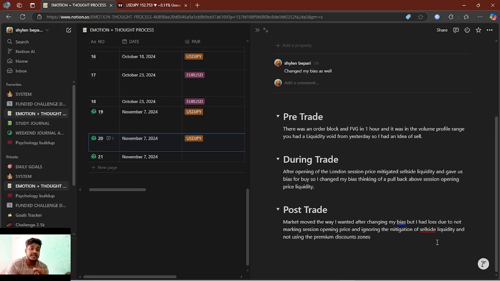When I saw that all of the sell side had been mitigated, and I also had the 5-minute market structure shift, I was still sticking to the same bias, even after understanding the point of interest and how price reacted from the point of interest at the sell side liquidity. That's what got me into the wrong side of the market. And the second trade, premium and discount problem. So these are the 2 trades that I took.